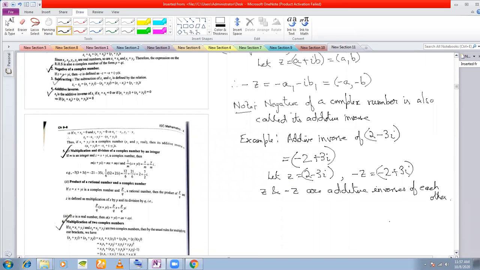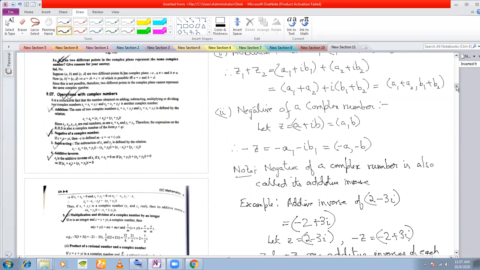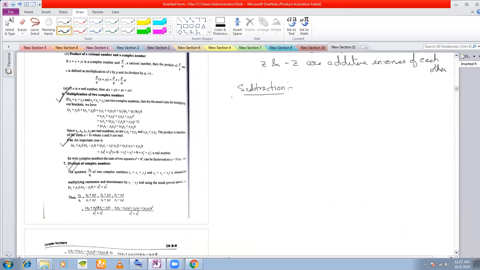Next is subtraction of two complex numbers. It's the same thing as addition. Suppose I have a complex number z1 = a1 + ib1 and z2 = a2 + ib2.